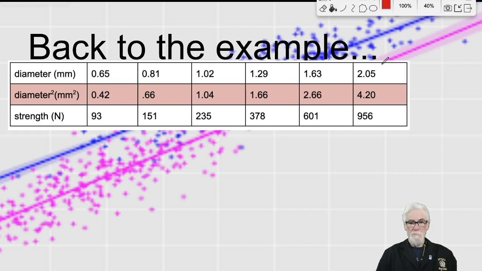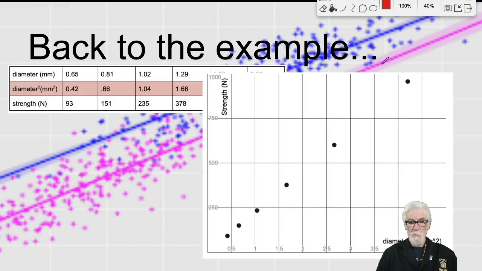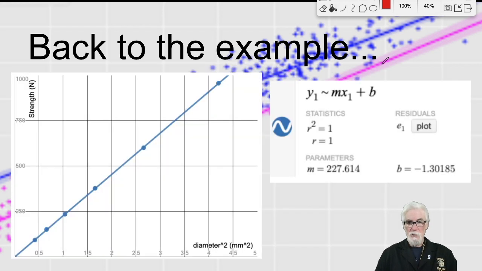So would that work for this data? Well, I've done the calculations here. In the pink highlighted row on this table, we have all the squares of the diameters that are in the top row. If we plot that, here's what we get. Looks like a straight line. Doing regression analysis, in fact, it's a perfectly straight line. So what this is telling us is there is a line where y is equal to some constant number, which is the slope of this line, times x squared in math terms.